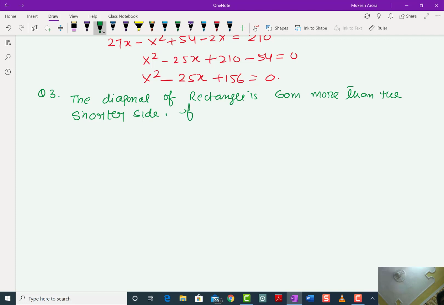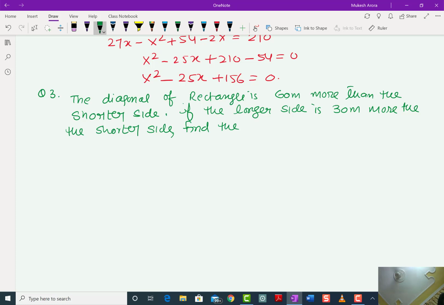If the longer side is 30 meter more than the shorter side, find the sides of it.